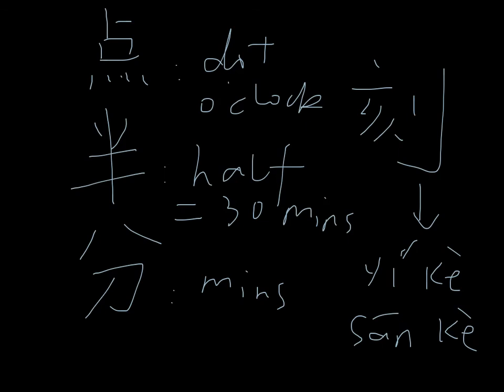So we only have 一刻 and 三刻. If you know about this, then talking about time is very easy. So if you want to say 12 o'clock, 12, and o'clock, 点. Simple as that.